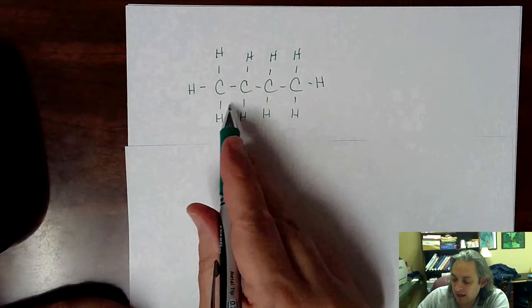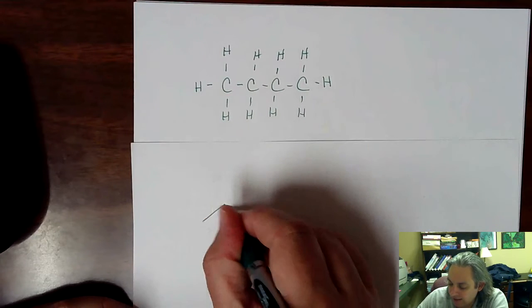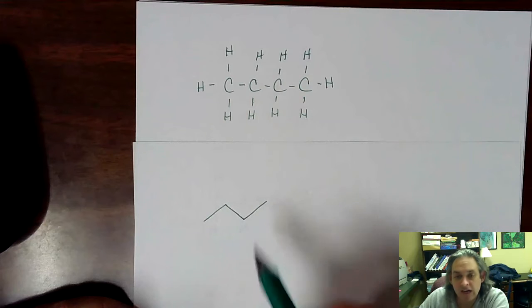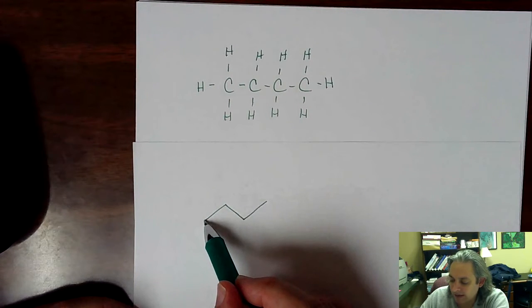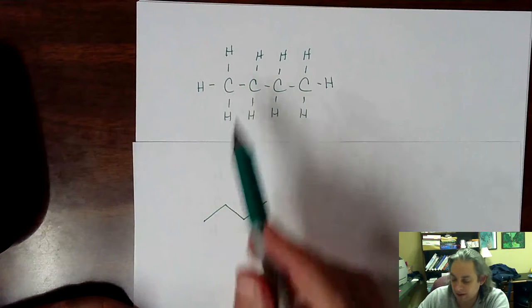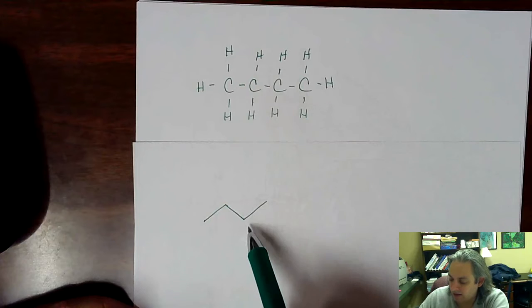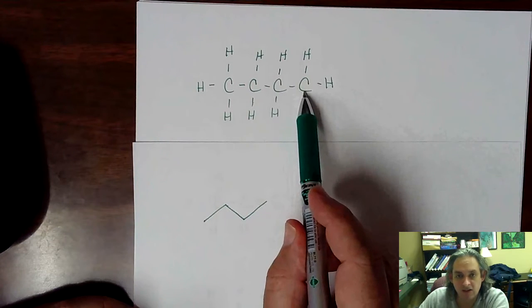So for a 4 carbon chain, we would draw a zigzag line with 4 points to it, where every point represents a carbon. So this point right here represents this carbon. This point here represents this carbon. This point represents this carbon, and this point represents this carbon.